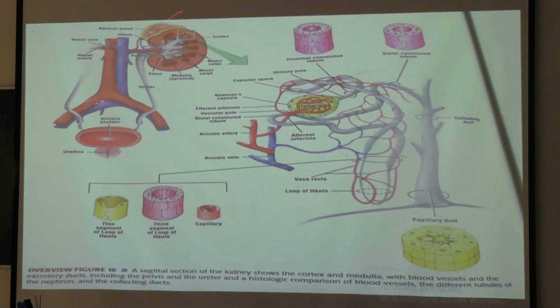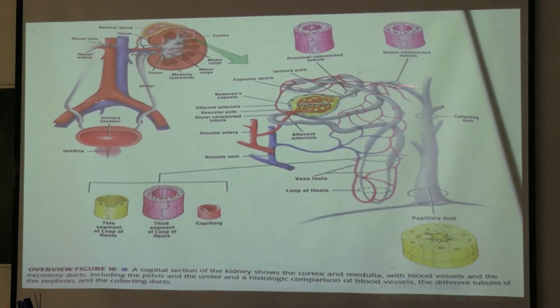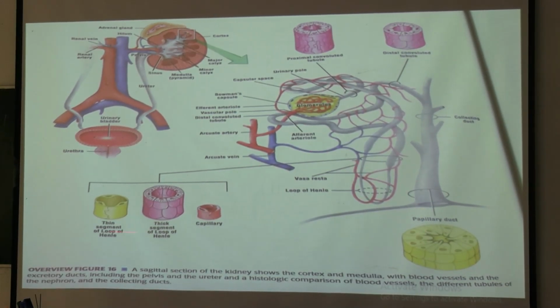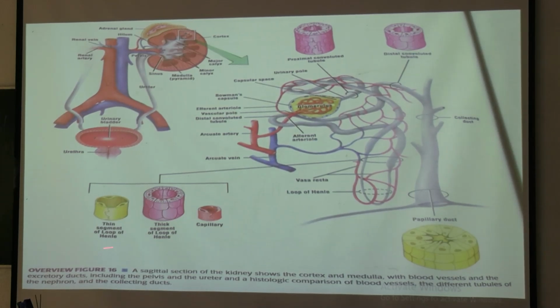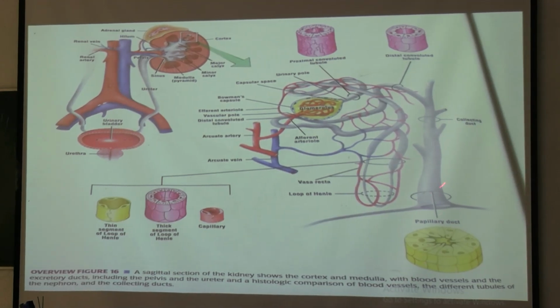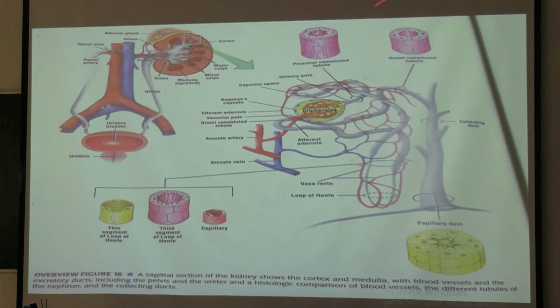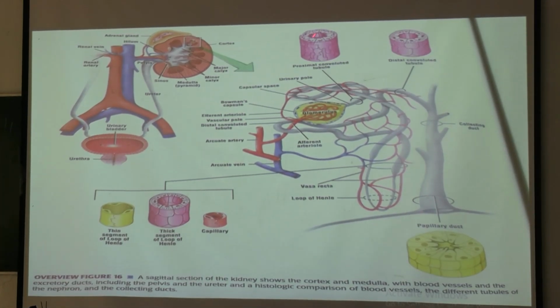Okay, so sections of kidney and nephron, the vascular plexus, have all been shown here. This is the thin segment of loop of Henle, thick segment of loop of Henle, section of capillary. This is one papillary duct or collecting duct. This is the distal convoluted tubule, proximal convoluted tubule.